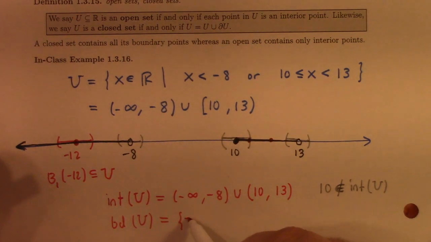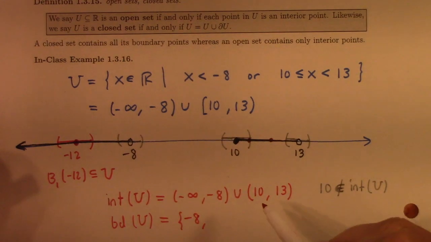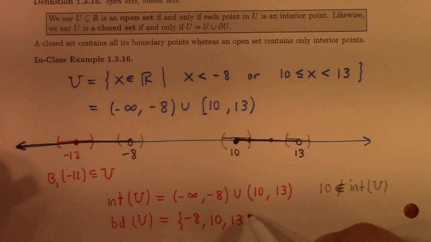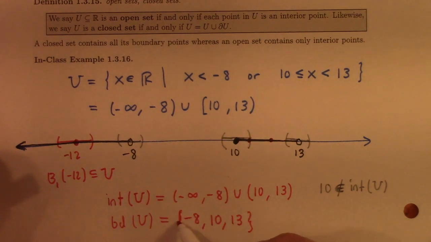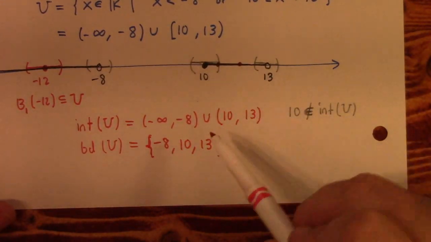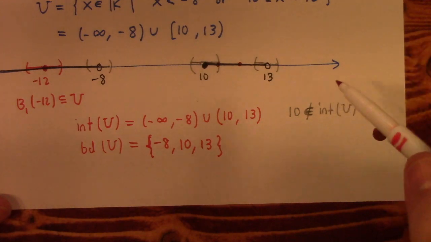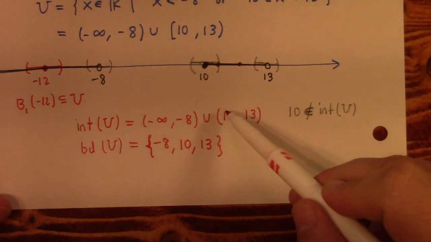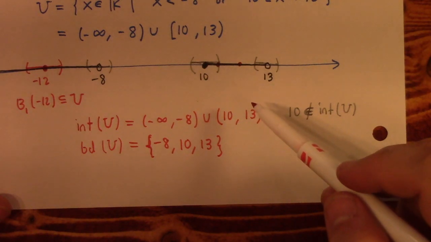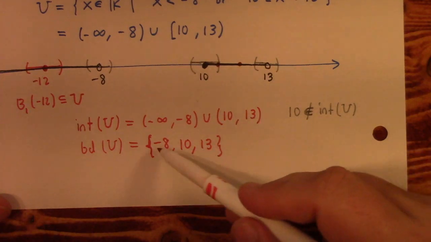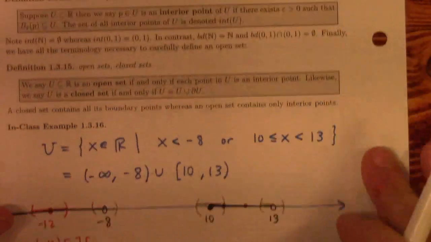You just got -8 and 10 and 13. And notice here, I'm not using intervals, I'm using curly brackets. Curly brackets are the notation we use when we have a finite set and we just need to make a list. There's a very big difference between this and that. 10, 13 with these parentheses, that's an infinite set. That's every single real number between 10 and 13, not inclusive. It's very different than that, all right?